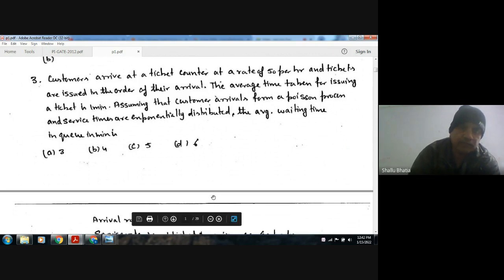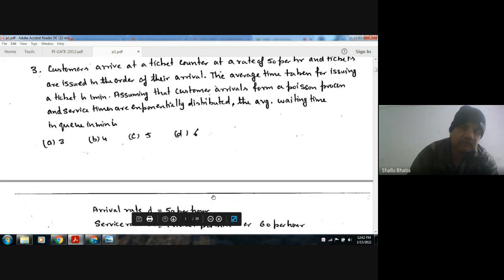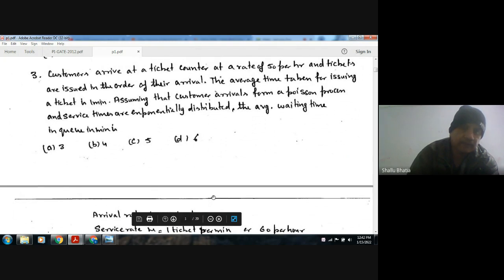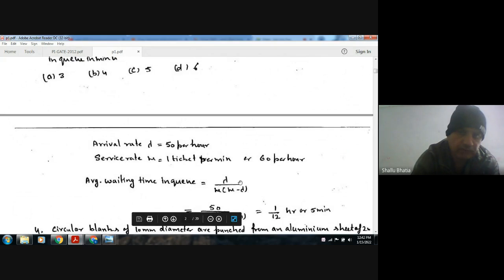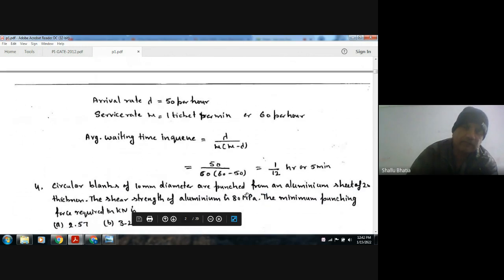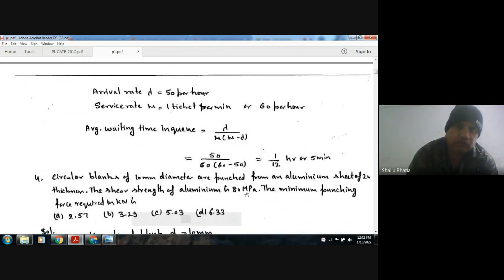So the arrival rate is 50 per hour and service rate is one ticket per minute or 60 per hour. The formula for average waiting time is lambda divided by mu into (mu minus lambda), where lambda is arrival rate and mu is service rate. Putting the values, the average waiting time in queue is 1 by 12 hours or 5 minutes. Okay.